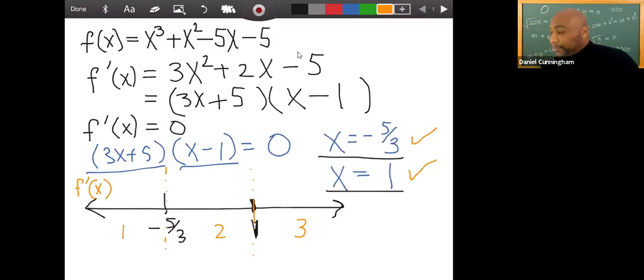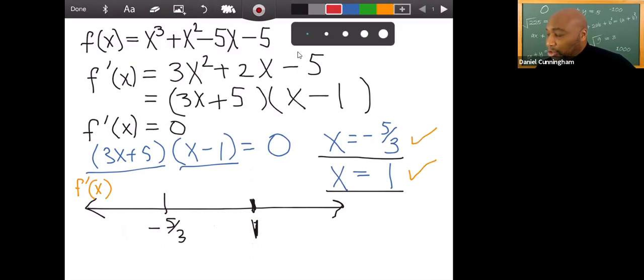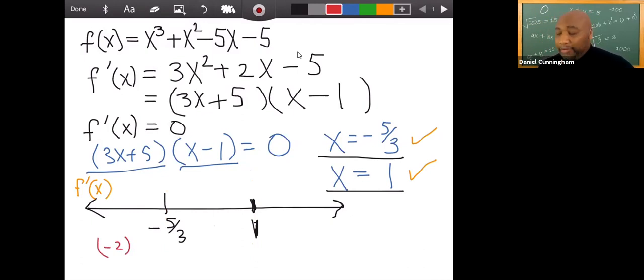So how do you do that? Just choose a number in that interval. You can pick any number within the first interval that you would like, and see the sign. We just want to know if it is positive or negative. For this first interval, I'm going to put it in red so you know what number I'm choosing. I'm going to use -2, because -2 is in this first interval. I'm going to plug -2 into f prime and figure out what the number is.